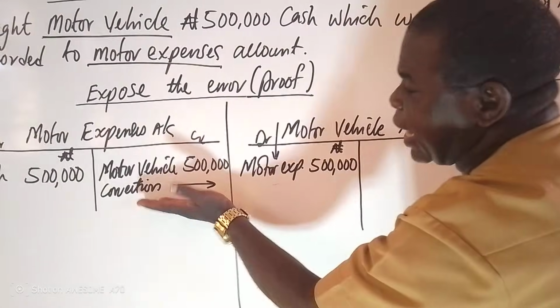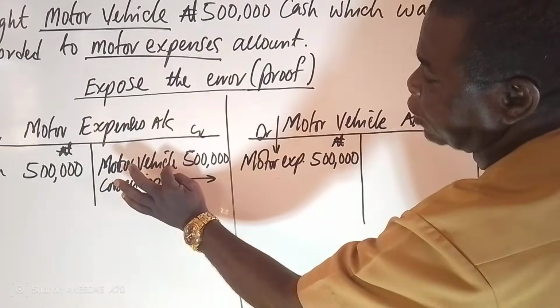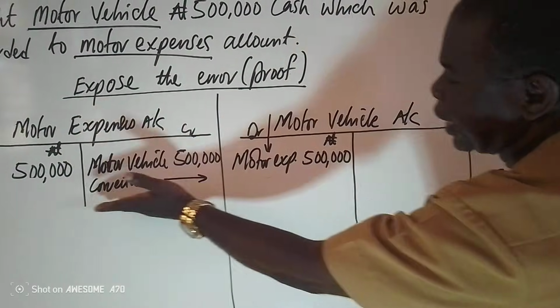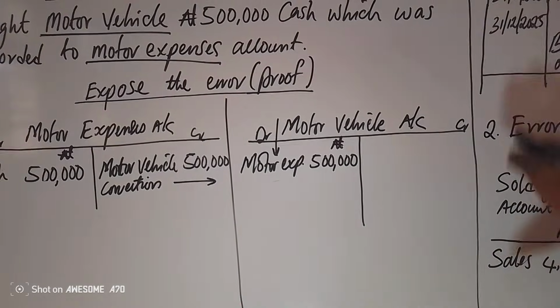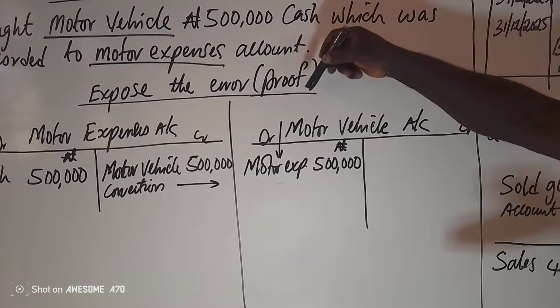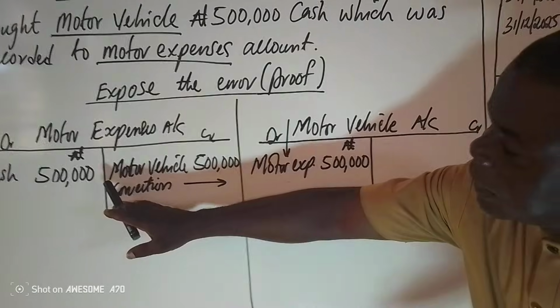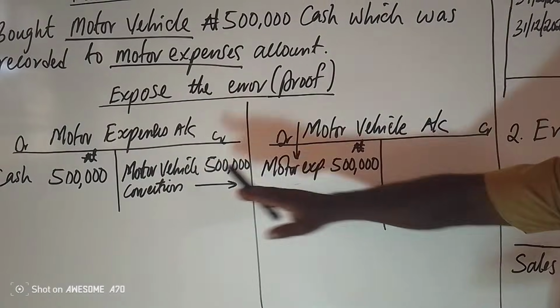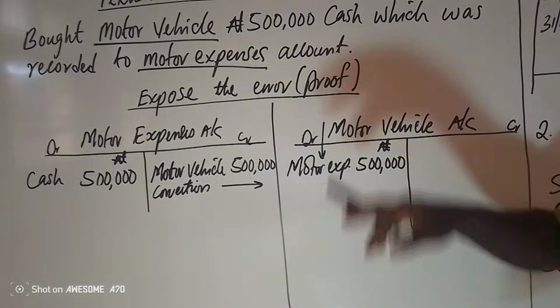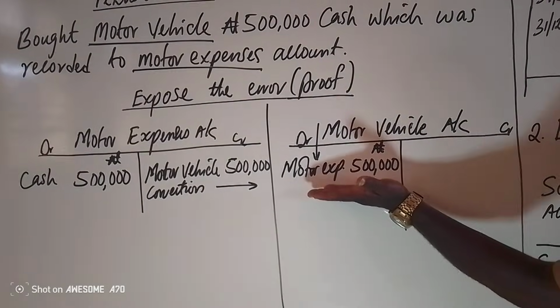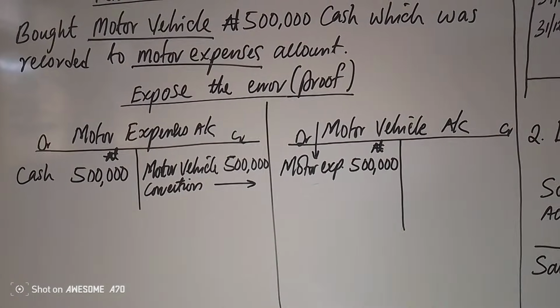Then if it's a credit entry, look at the particular going to motor vehicle account. As you remove it or correct it by posting the credit entry, you then post it in the debit. Look at the arrow showing you that if this value of 500,000 is removed from motor expense account to motor vehicle account, the corresponding entry will come to the debit side of the correct account, which is motor vehicle account.